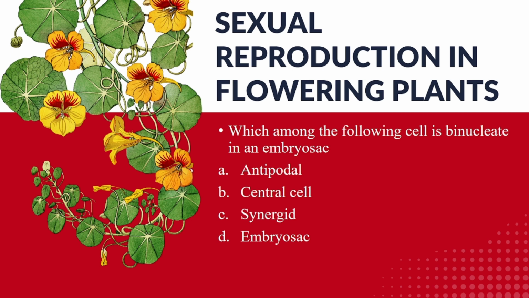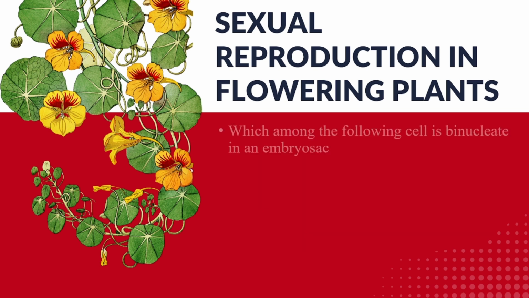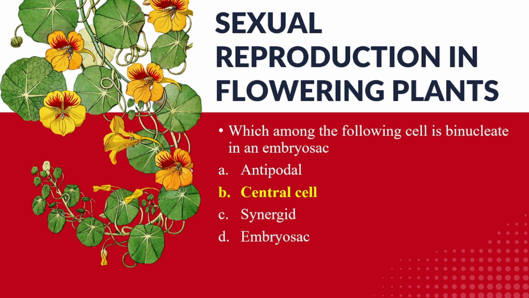Because you will be able to find two polar nuclei somewhere in an embryo sac. That is where the answer relies. And where you can find the two polar nuclei is in the central cell. So obviously the answer here will be option B, the central cell, where we can find a binucleate condition, that is, two polar nuclei residing in a very big cell, which is called the large central cell. That is why we have gone for option B.